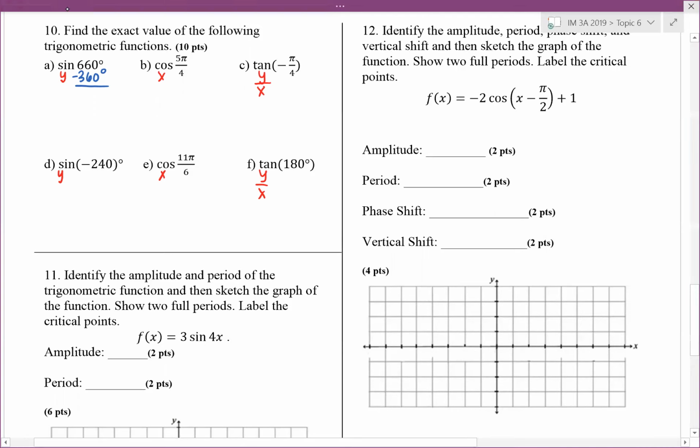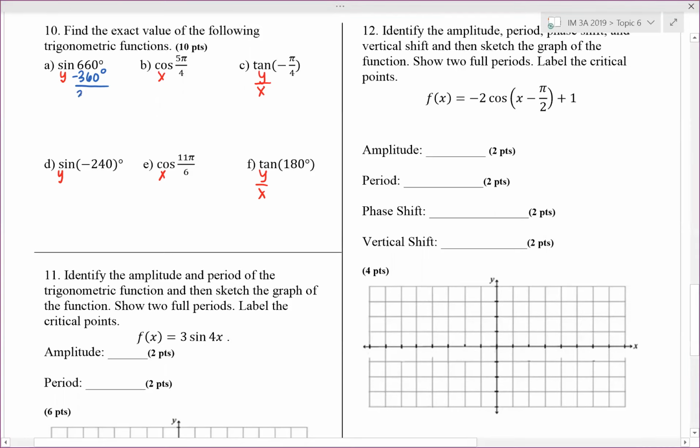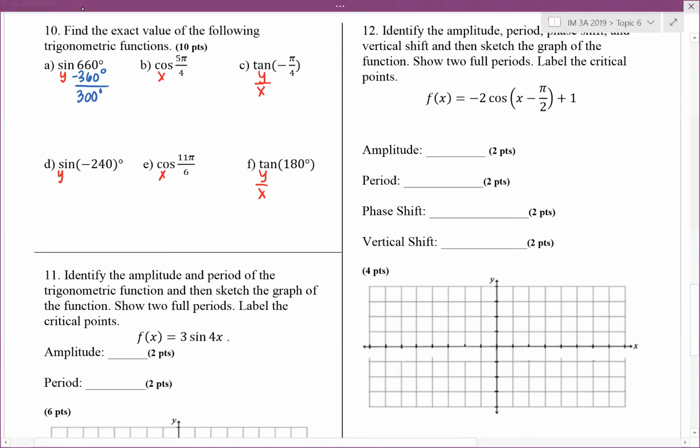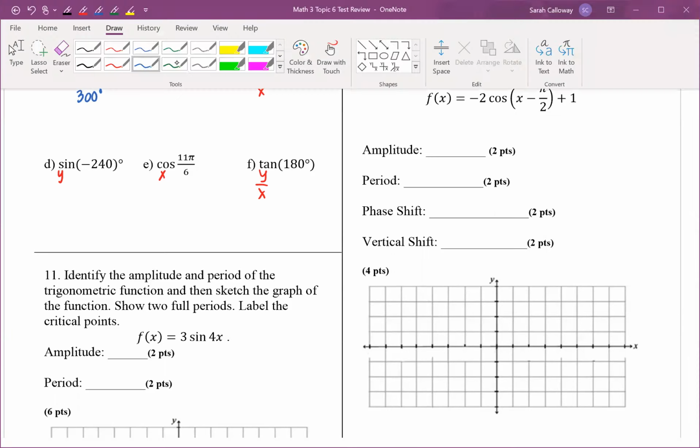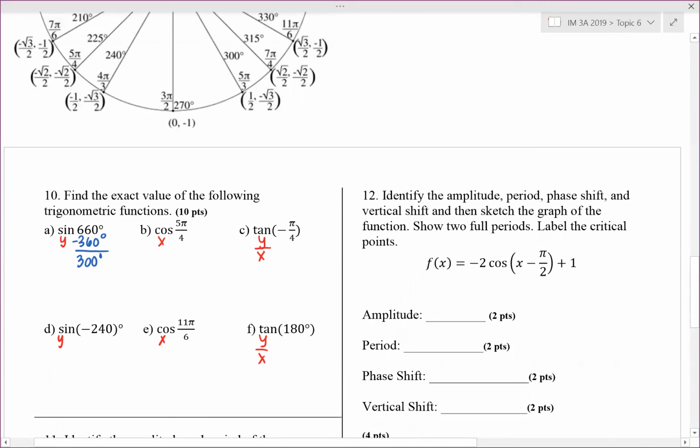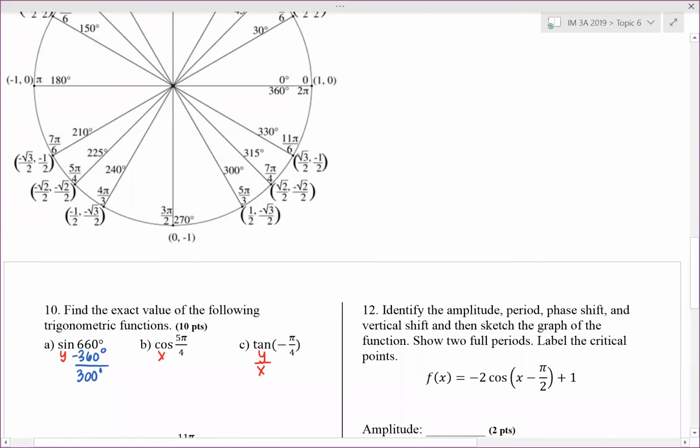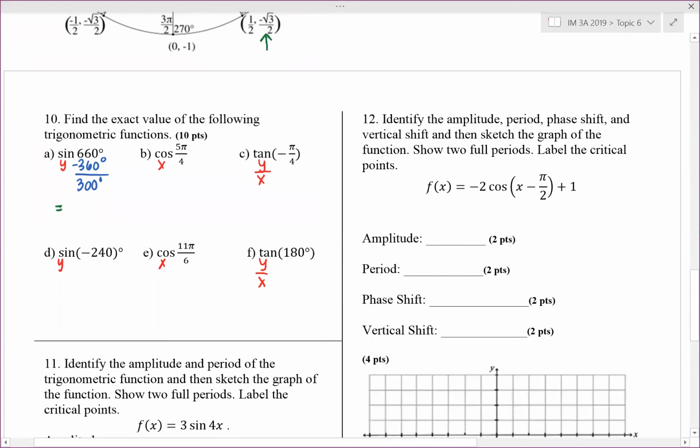So 660 minus 360 is 300 degrees. So that means that to find the answer for this problem, I'm looking at 300 degrees. And the answer is the y value because it's sine. So that means that the answer to this problem is -radical 3/2.